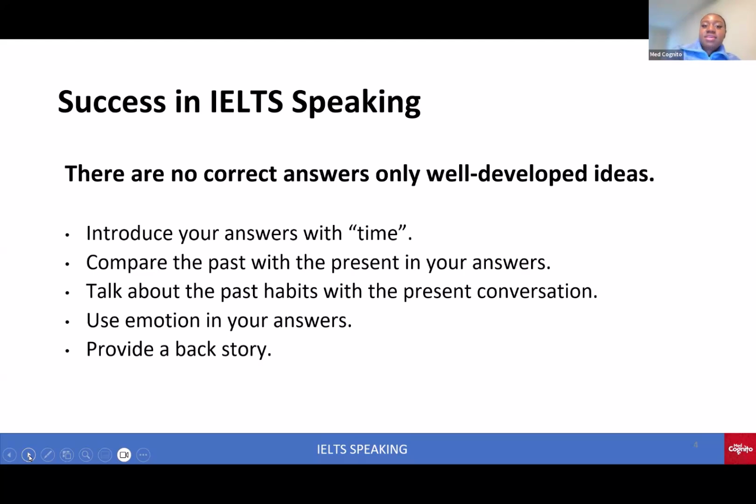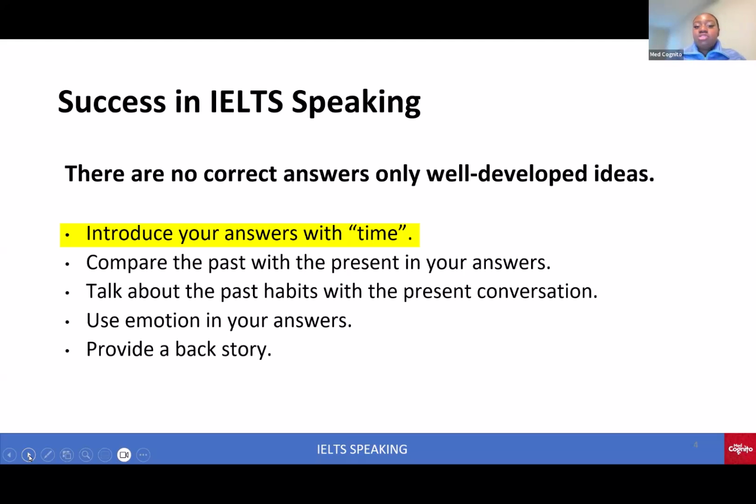And there are some techniques that we use in the MedCognito course to equip our students to be able to develop these ideas and actually convey them with accuracy. The first is introducing your answers with time. And so what do I mean by this? As an example, it could be, I went to go and watch the movie last week.